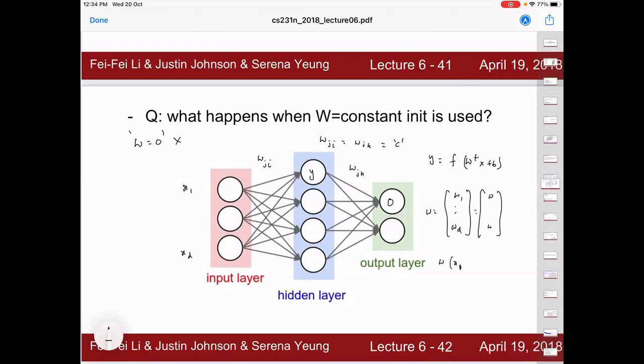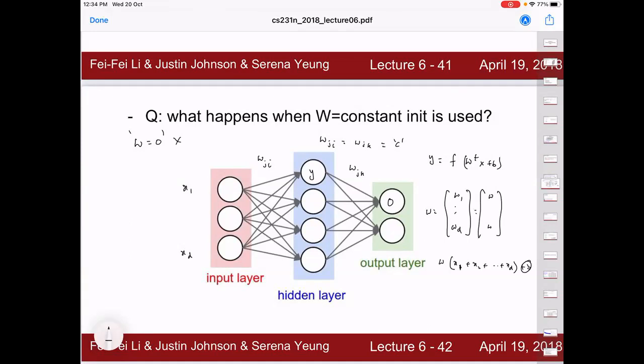Then w transpose x is equal to w1 x1 plus w2 x2 and so on. So this boils down to w times (x1 plus x2 plus and so on up to xd) plus b. If we neglect b for the time being, then w can be taken out, and this sum is in turn a constant.